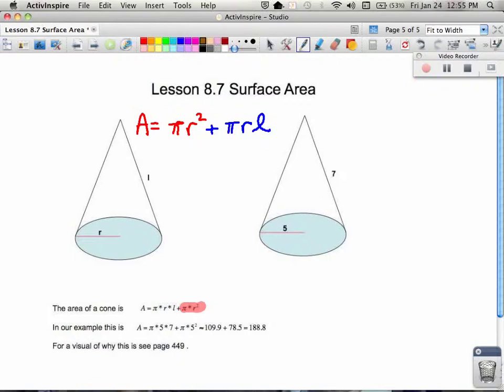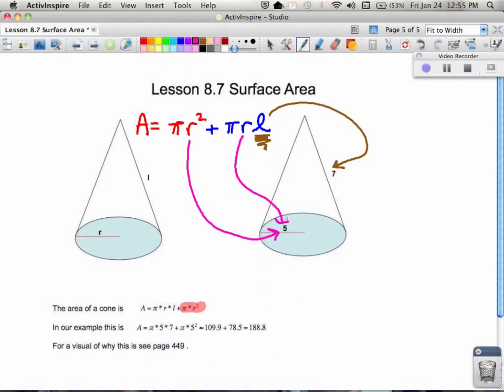So in this case, the slant height in our cone is this 7. And the radius, as you can see from our diagram, is the 5. And then all you really have to do is plug the numbers in and you're done.